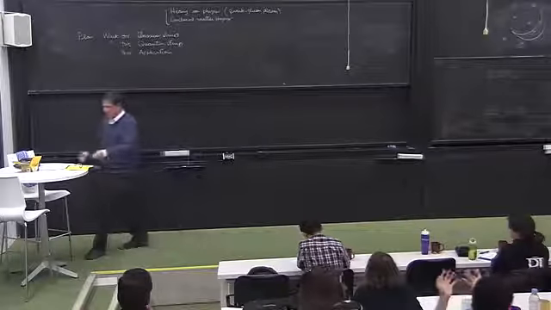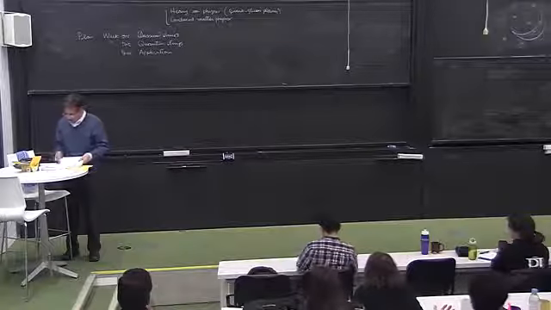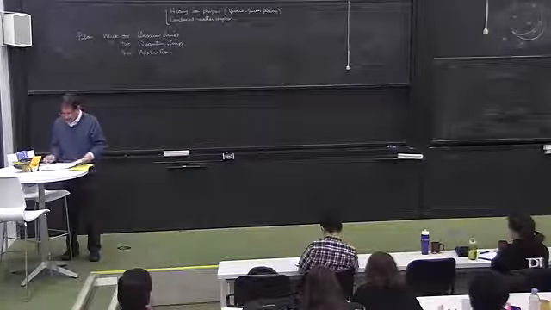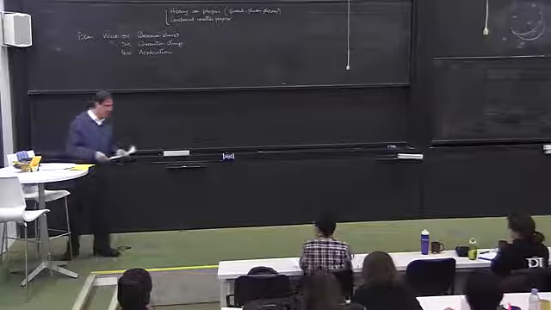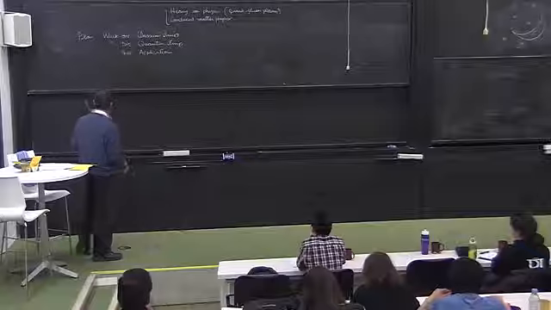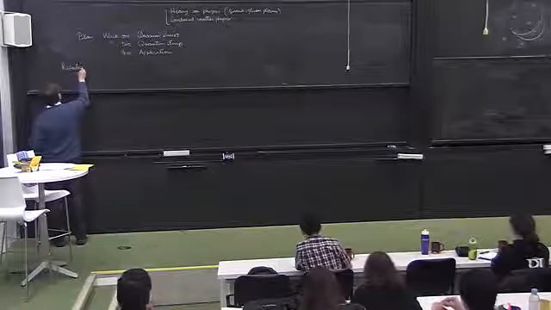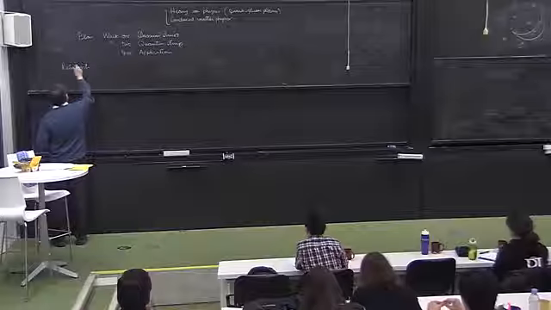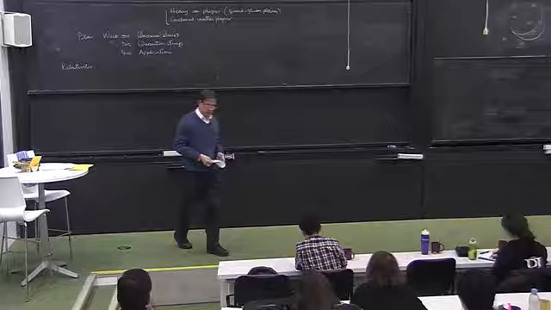So we're going to talk for a few minutes about relativity, very simple things that you know about. So, special relativity. Because what we're going to be doing is really the relativistic string.